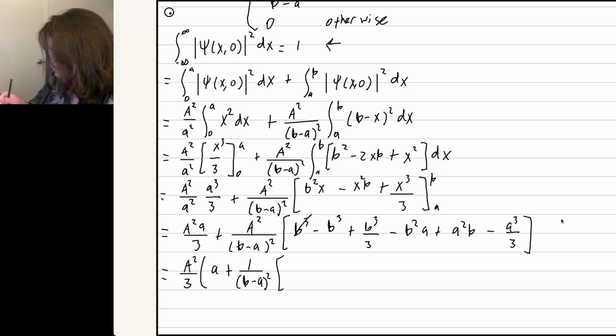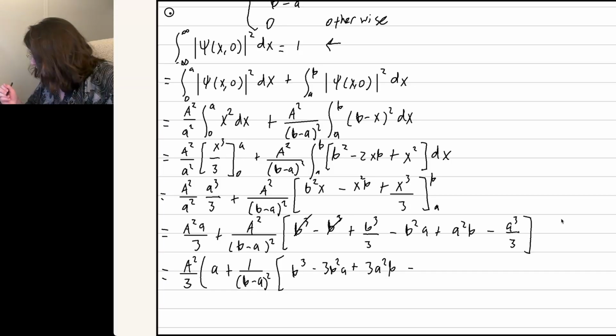This one sticks around: b cubed minus 3b squared a plus 3a squared b minus a cubed.